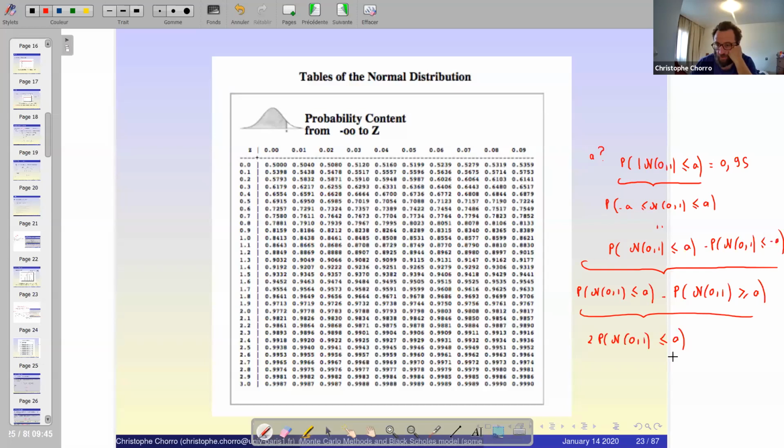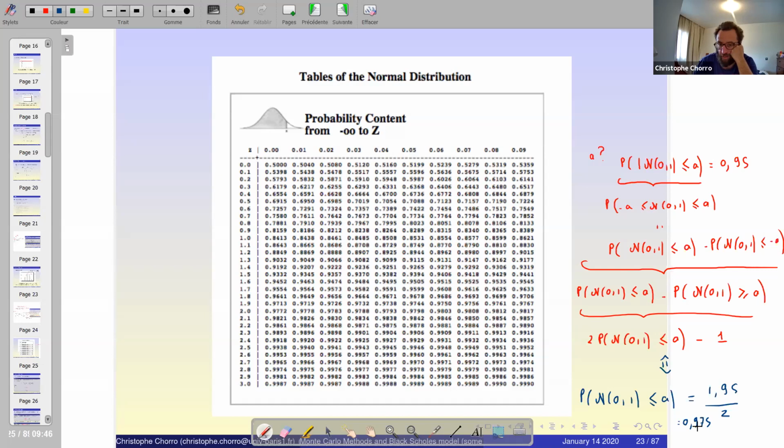In order to solve this equation, I simply have to solve: the probability that my N(0,1) is less than A is equal to 1.95 divided by 2, that is equal to 0.975. If I use this table, to solve this is just to find the A such that the distribution function of my N(0,1) is equal to this number.